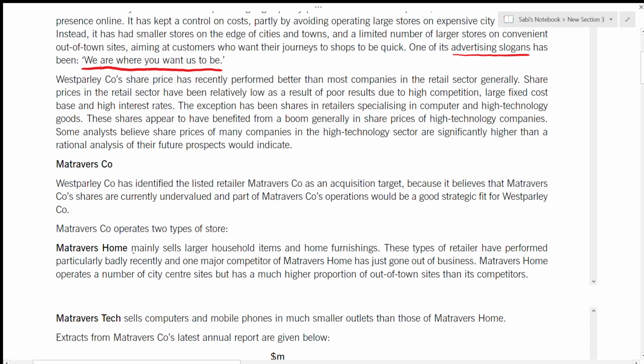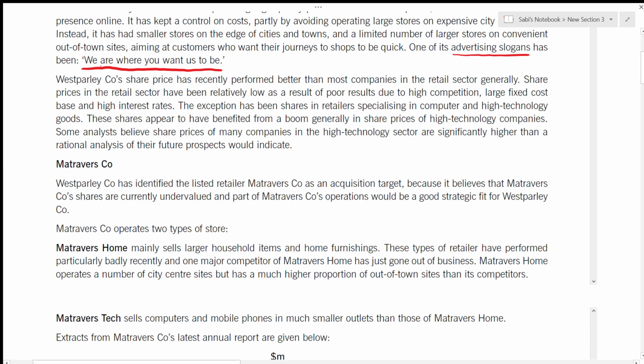Matt Rivers Home mainly sells larger household items and home furnishing. This type of retailer has performed particularly badly recently, and one major competitor of Matt Rivers has just gone out of business. Matt Rivers operates a number of city center sites, but has a much higher proportion of out of town sites than its competitors.